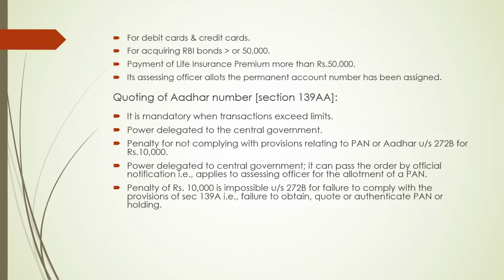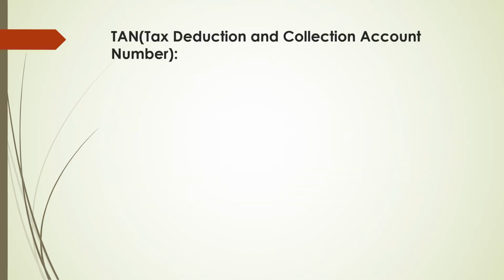And a penalty of 10,000 rupees is imposed under section 272B for failure to comply with the provisions of section 139A, that is, failure to obtain, quote or authenticate PAN.